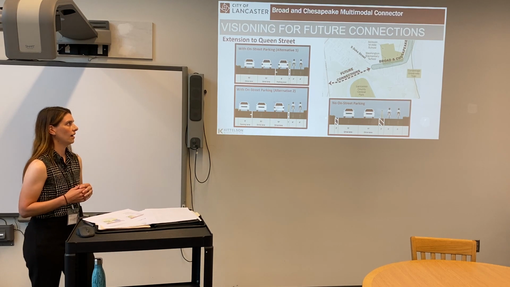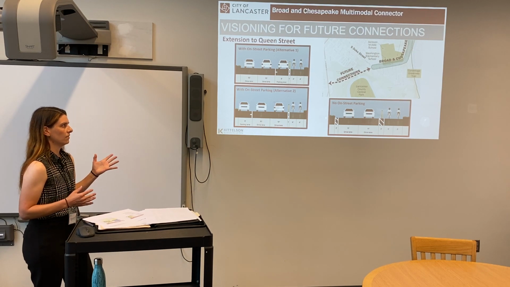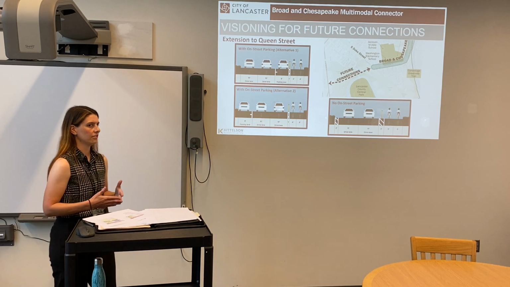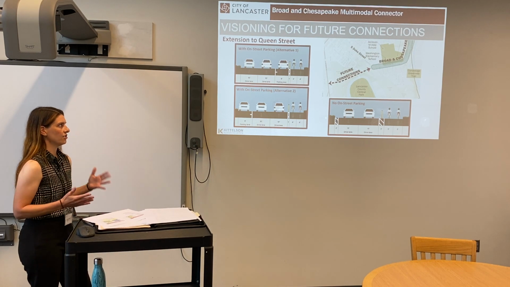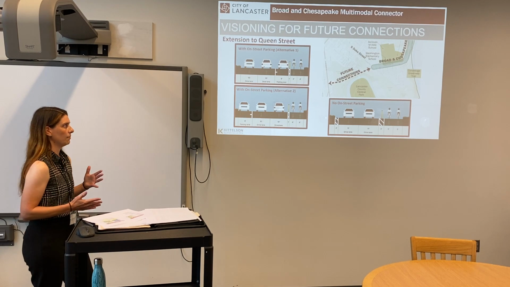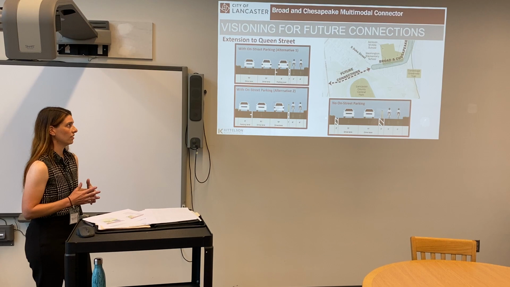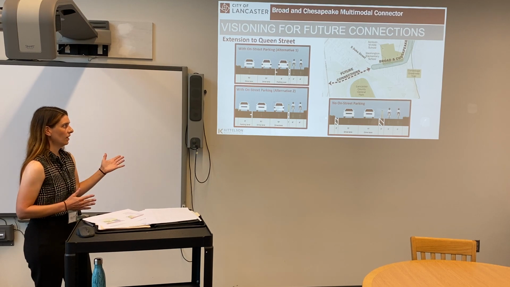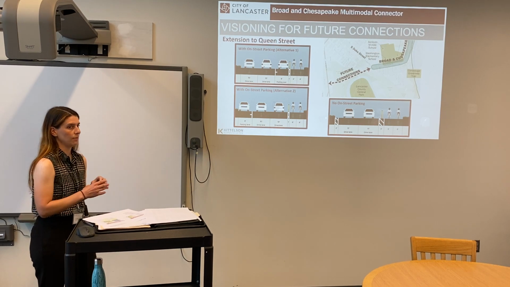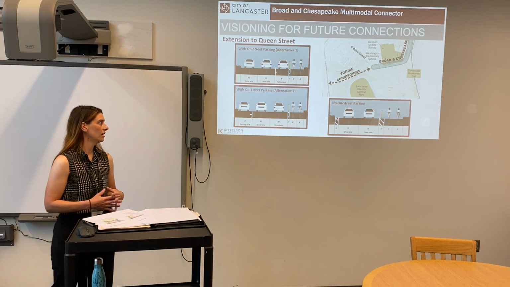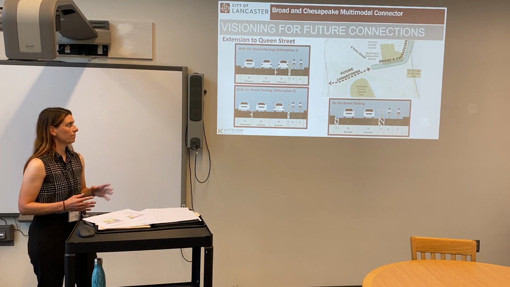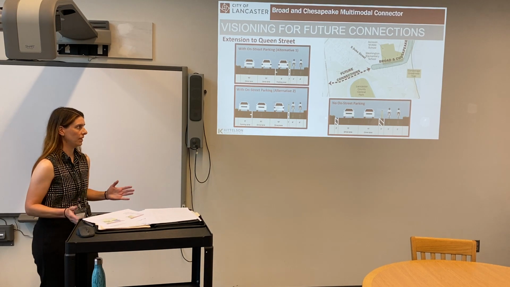Although there is a consideration here for how narrow that buffer is, and whether that's enough space and would preclude the dooring consideration there. The other option is maintaining the parking on the north side of the street, with the bicycle facility remaining on the south side.